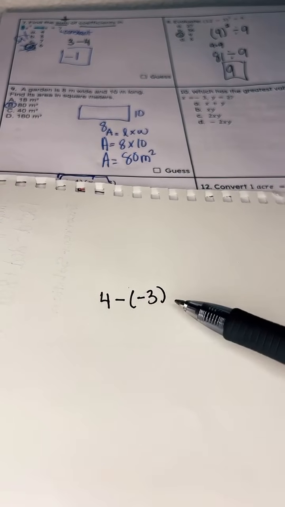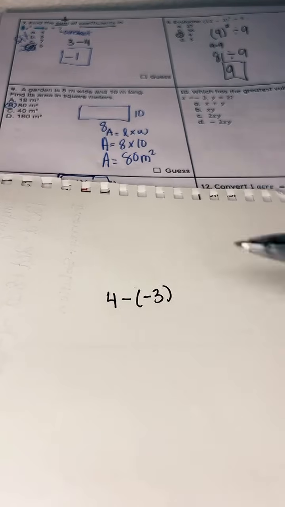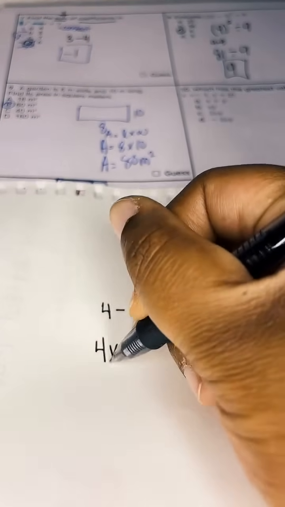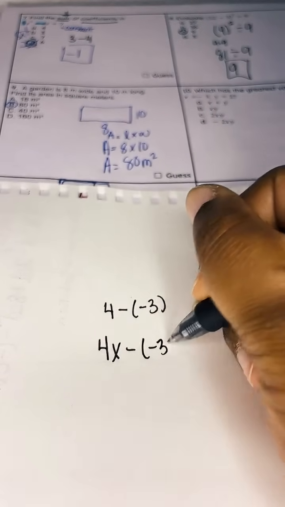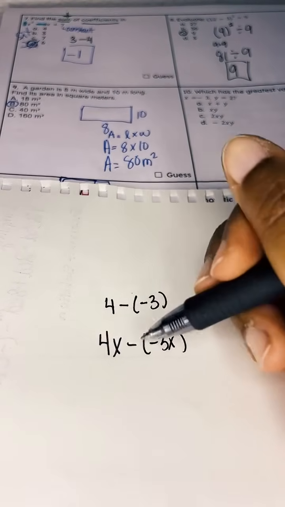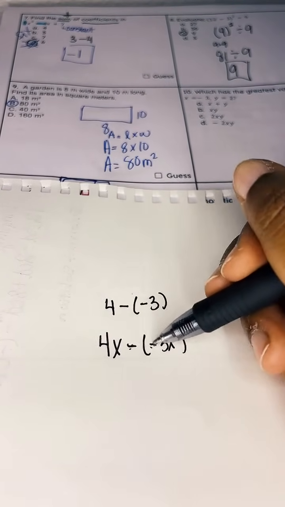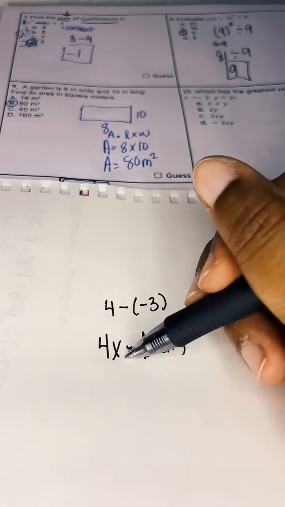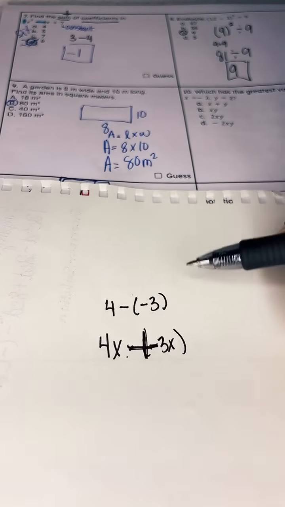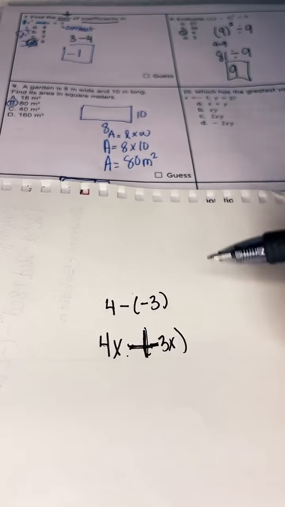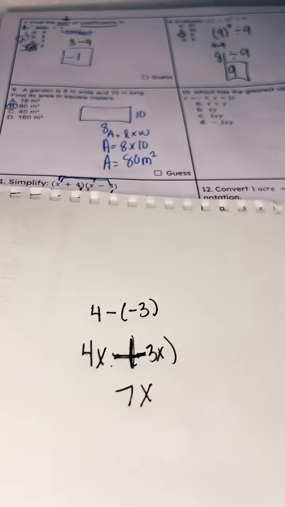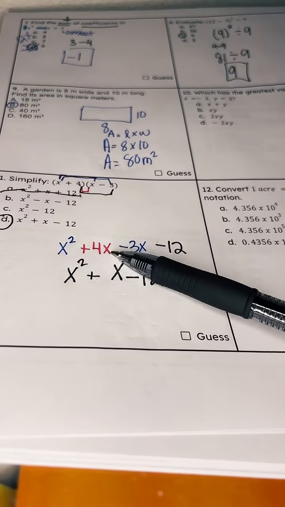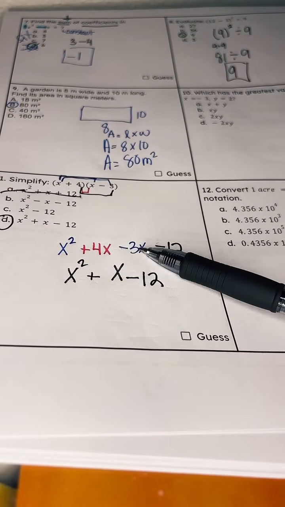Here, 4x minus a negative 3x is different, because when you have two negatives touching like this, they go to a big positive, because a negative times a negative is a positive. So this will be 4x plus 3x to give us 7x, which is different from 4x minus 3x.